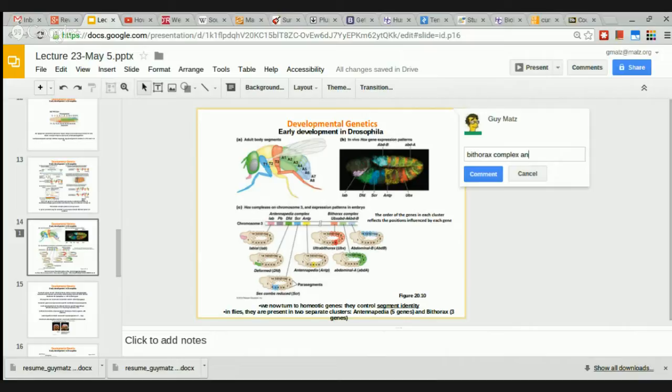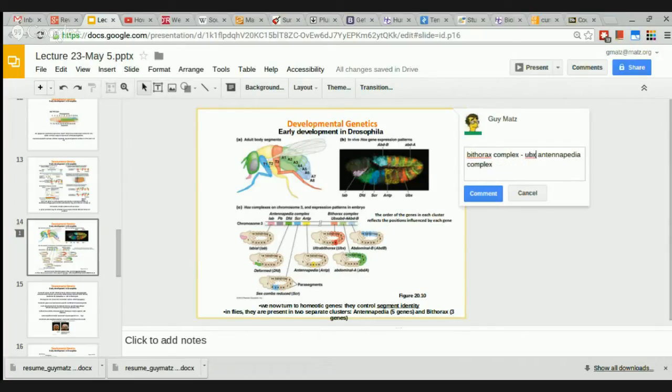For the Antennapedia complex, there are 5 genes here, but remember, Antennapedia is the anterior identity complex, and UBX is important for segment identity of the abdominal region.